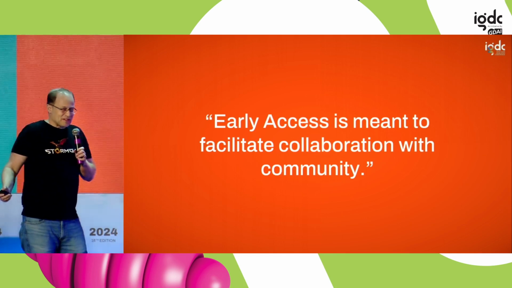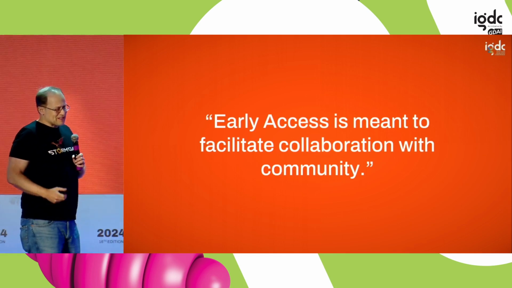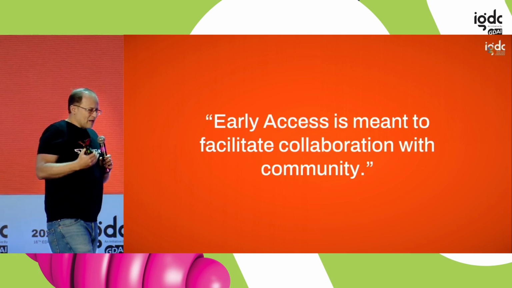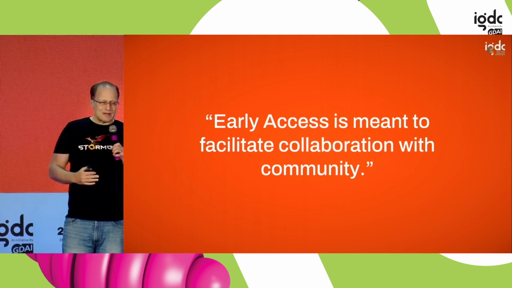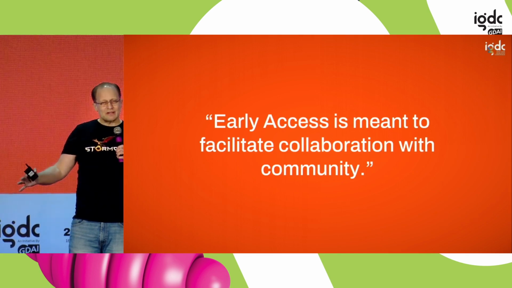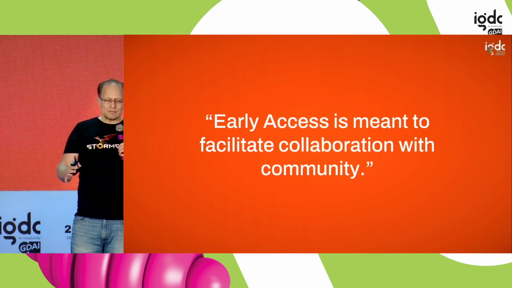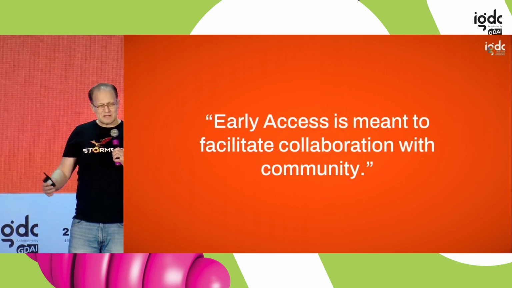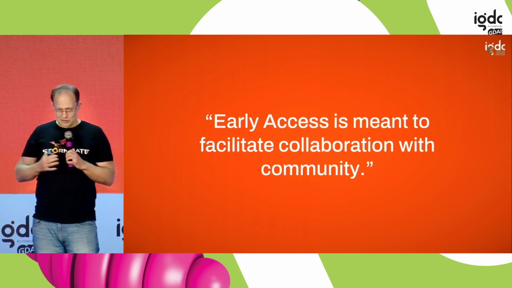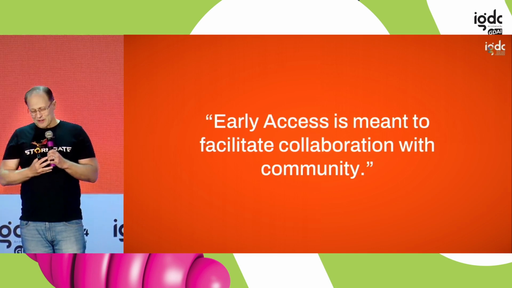Okay, so the first thing is, what is early access? I should mention that Stormgate is a PC game, and I know that this market is very heavily biased towards mobile development, but also that PC is kind of up and coming in India. So hopefully some of you out there are developing on PC.